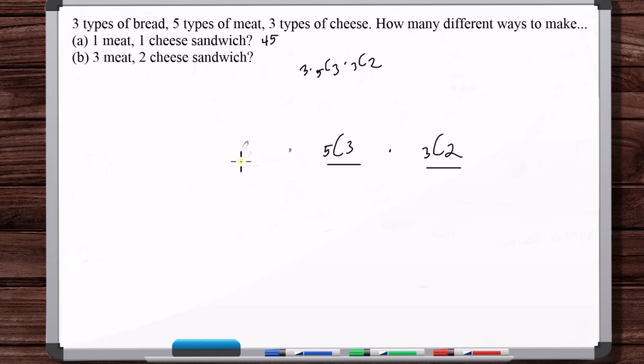But there's another potential answer if they're suggesting that we could choose 1 meat and 1 cheese, or any combination we want.